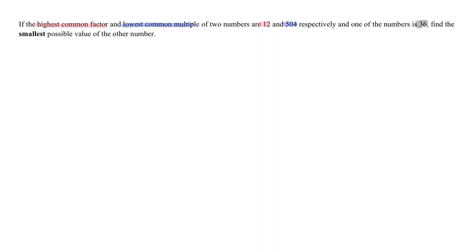For such a question, we would approach it by using the prime factorization method. I would express my highest common factor 12 as 2 squared times 3 in terms of its prime factors, and my 504 as 2 power 3 times 3 power 2 times 7.